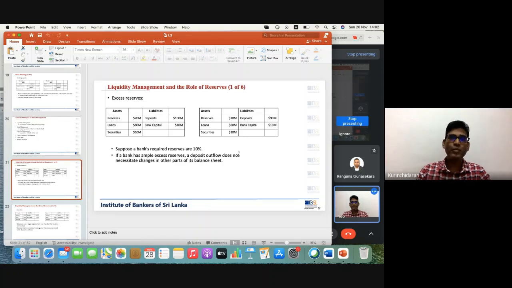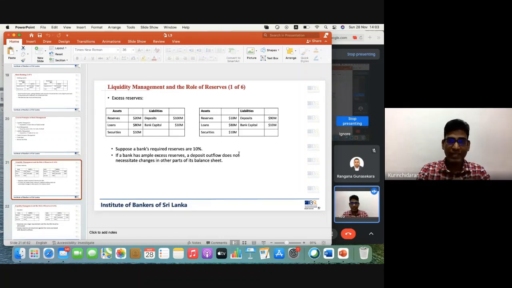So when it comes to liquidity management, we have to think of how much reserve I am going to maintain. If it is excess, how much? You cannot maintain anything below the requirement.